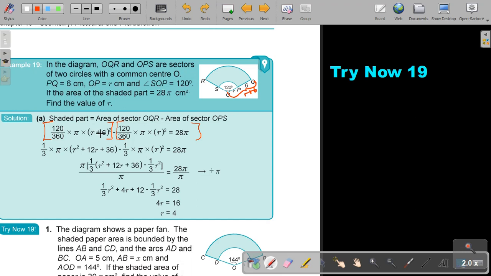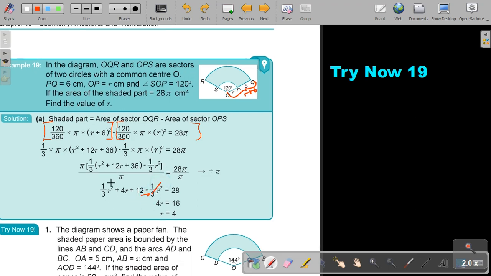You have to find that middle term, you say r times 6 times 2. Then you do that one and you just simplify. It's just a lot of simplifying. The pi's cancel out because pi is there, and I just press that in my calculator. Luckily that cancels out also. Do you see? And I end up with that, and I get the value of r is 4. Just going to make it a bit smaller.